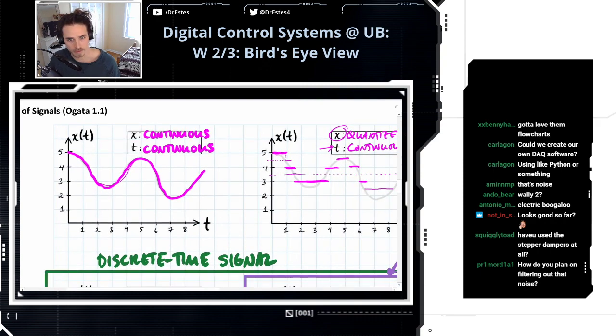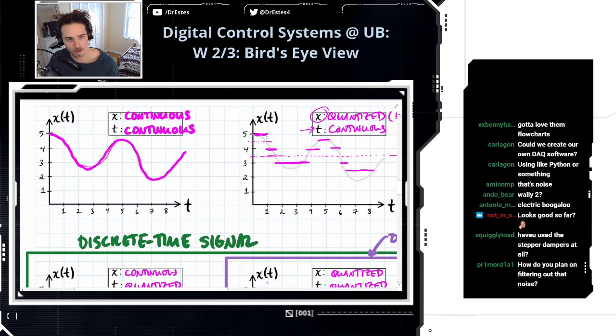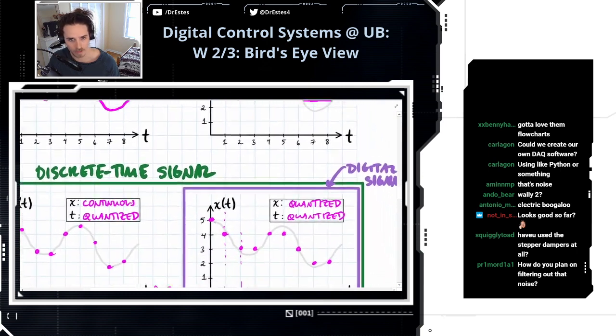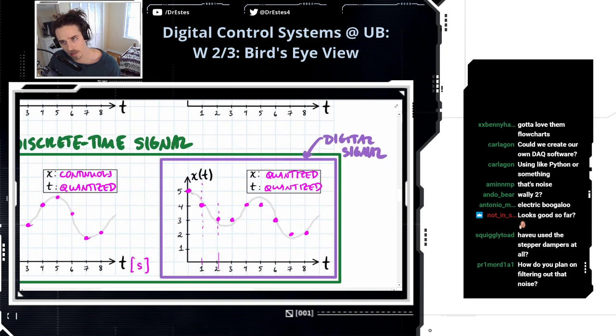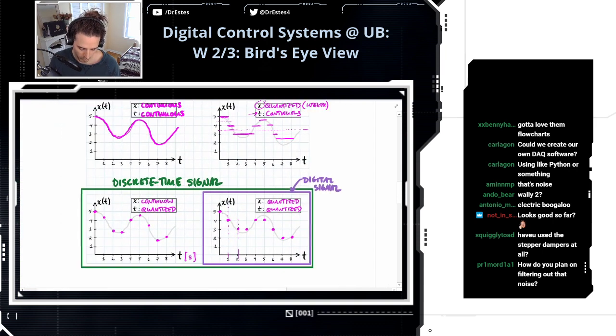The analog to digital converter on the Arduino or computer, whatever, is going to quantize that signal in both X and time. So we're going from up here to down here when we use the ADC, analog to digital converter.